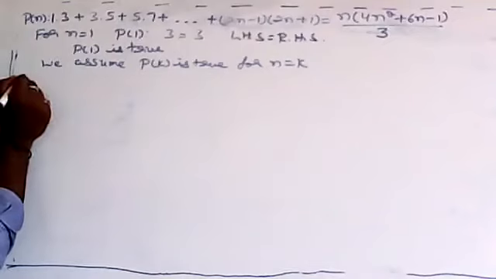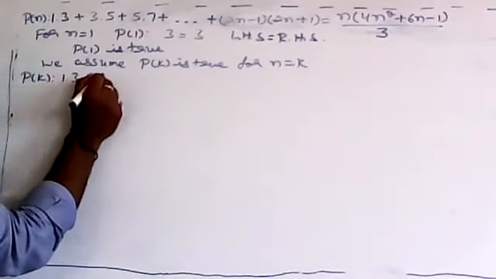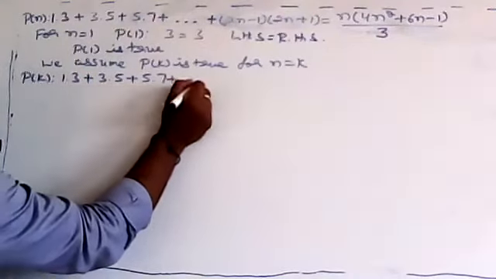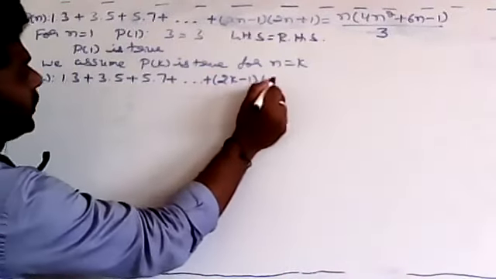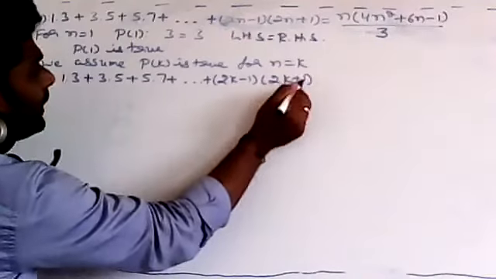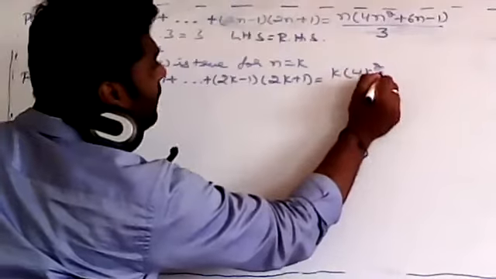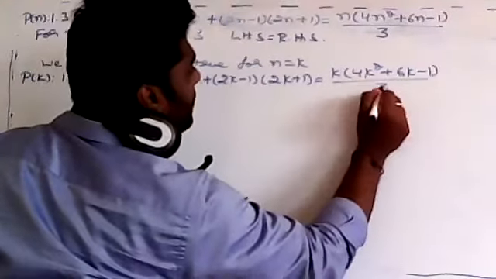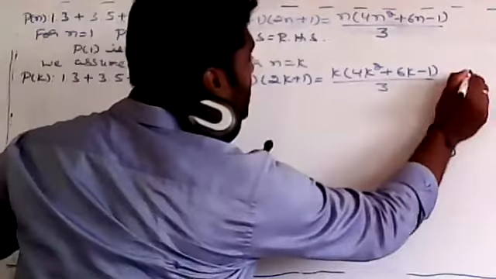So we get P of k: 1 into 3 plus 3 into 5 plus 5 into 7 plus so on up to 2k minus 1 into 2k plus 1, which is equal to k into 4k square plus 6k minus 1 by 3. Just replace n by k. I'll call it equation number 1.